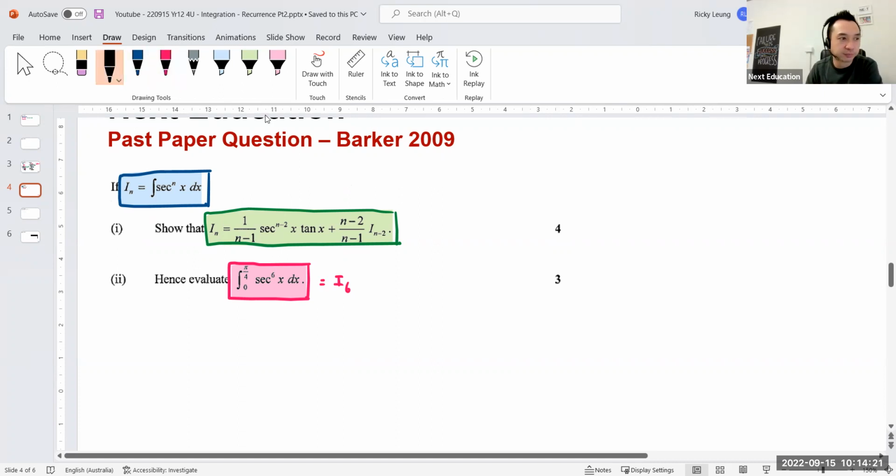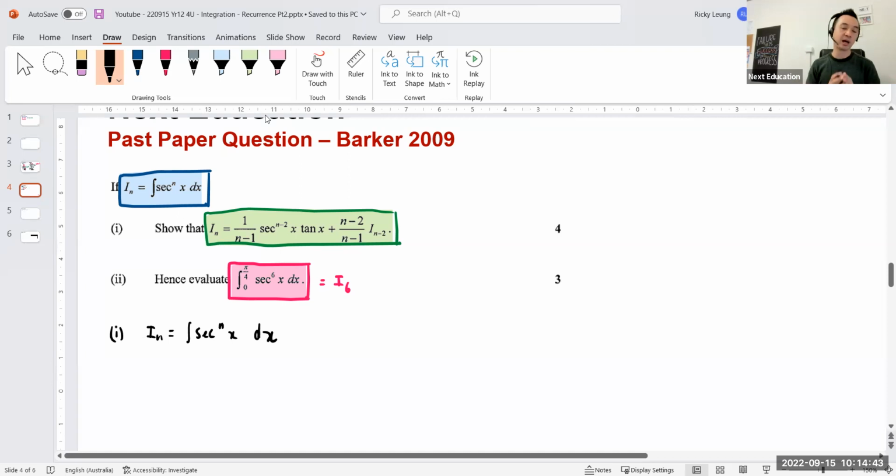So I'll start with part 1, where my I_n is equal to the integral of sec^n x. Just like before, the principle is more important than the why.